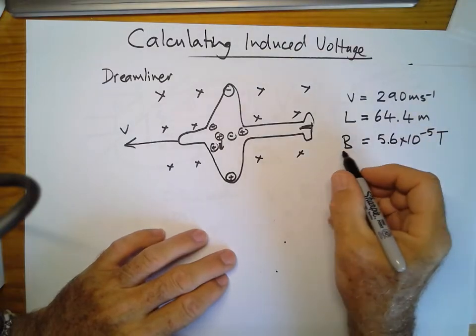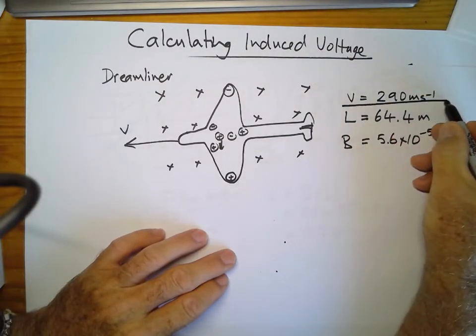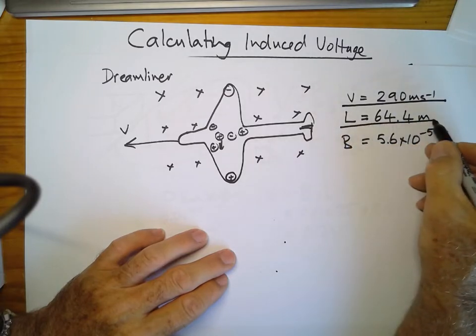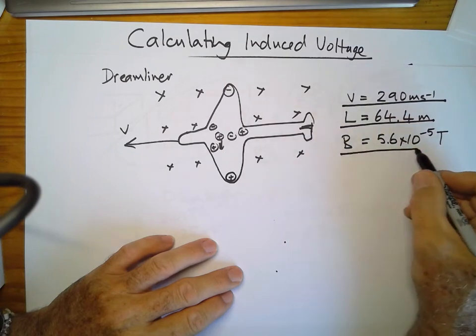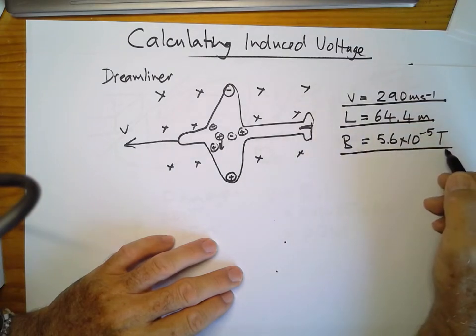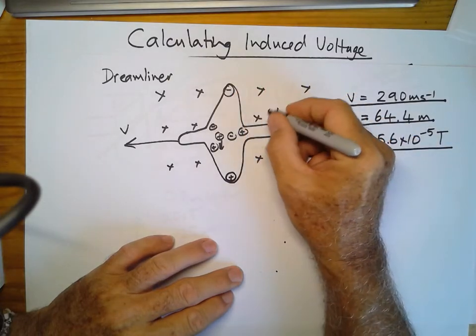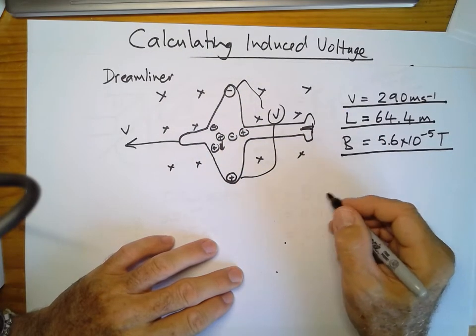Now the plane is travelling to the left at 290 meters per second. The wingspan is 64.4 meters, and the magnetic field strength at this time is 5.6 times 10 to the negative 5 Tesla. What is the voltage produced between the wingtips on opposite sides of the plane?